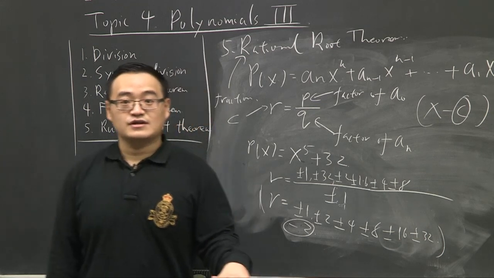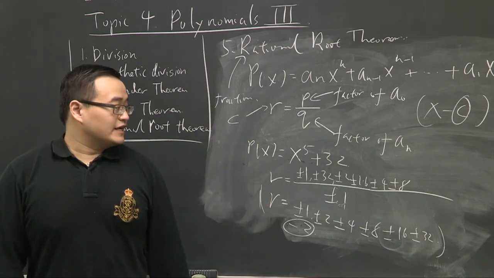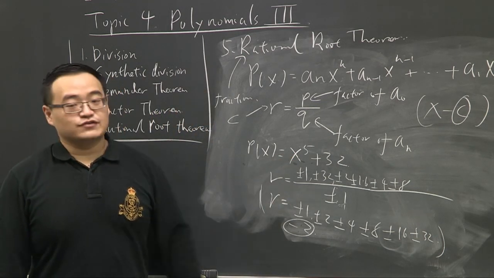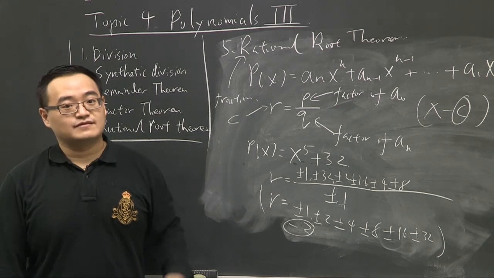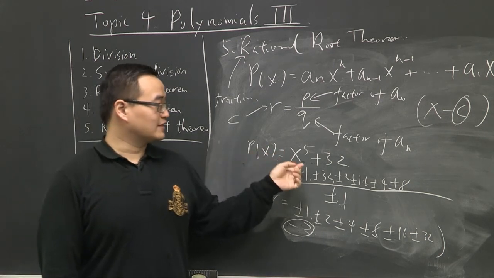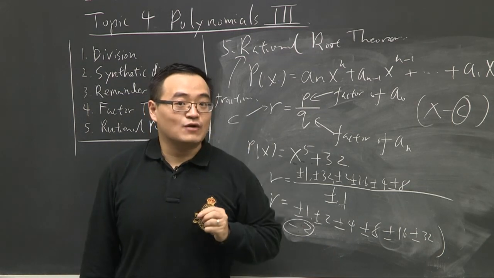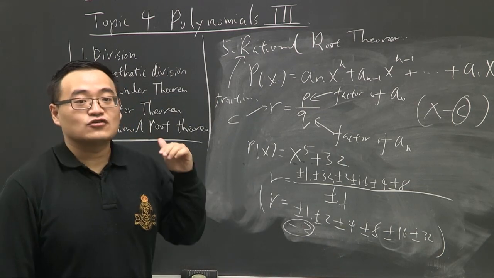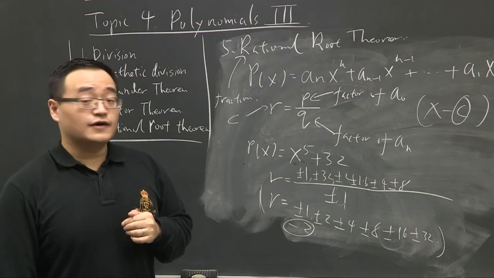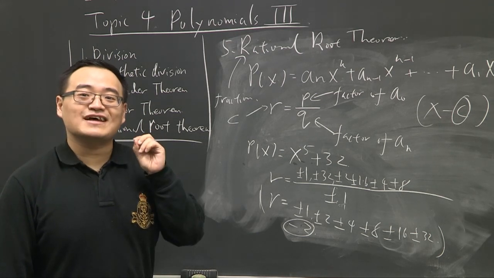Next question. What if I can't find it here? How many roots am I potentially supposed to have here? 5. That's the maximum number of roots, because it's to the 5th power. I found 1. What happened to the other 4? Well, they are not rational. So what does that leave us?